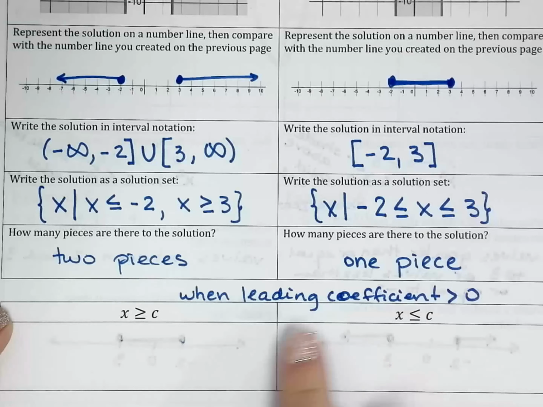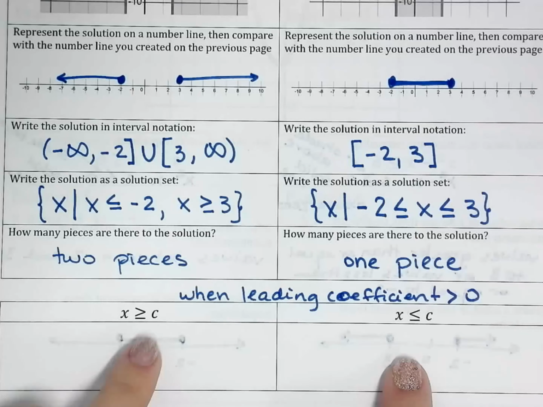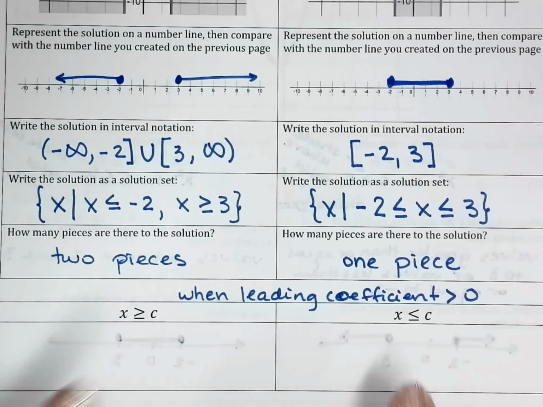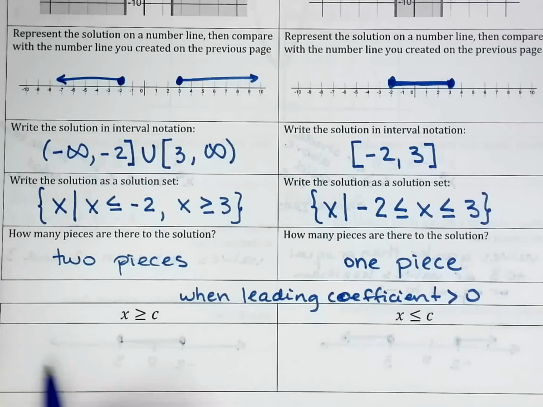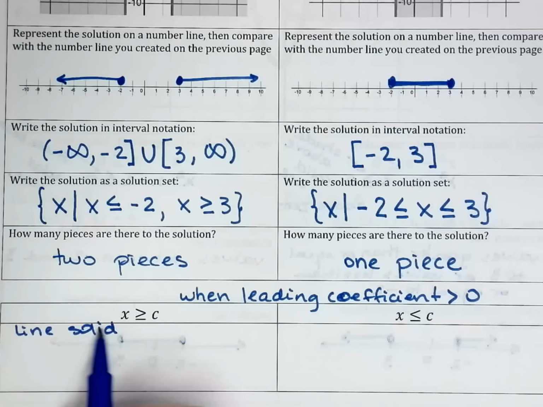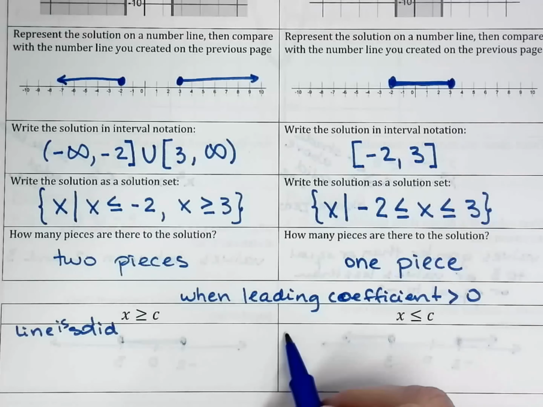That means when the leading coefficient is positive, then what we're going to talk about is true. Okay, and the main thing, so you already know that the line will be solid. So solid line is solid on both of them.